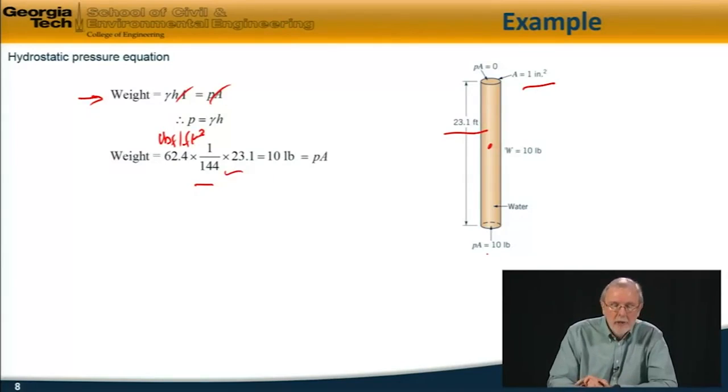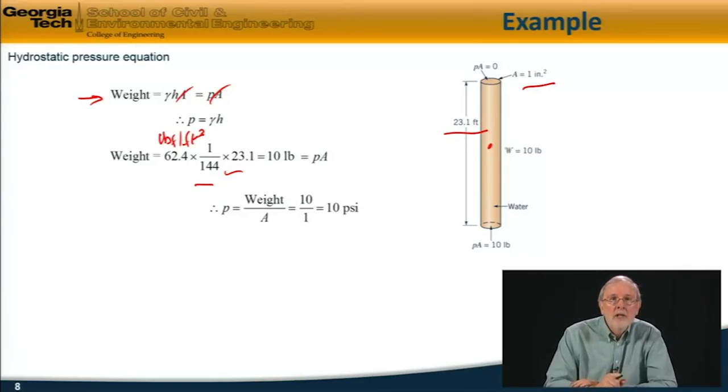This is balanced by pressure times area at the bottom, so therefore the pressure is equal to the weight divided by area, which is 10 over 1, is 10 pounds per square inch. And that is an easy way to understand the hydrostatic pressure distribution.